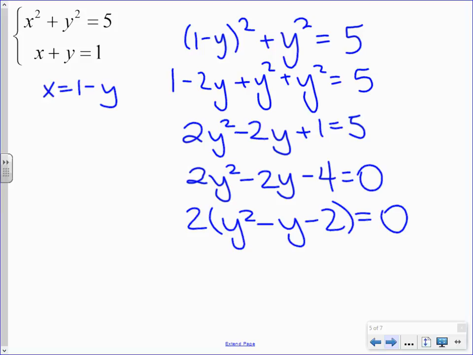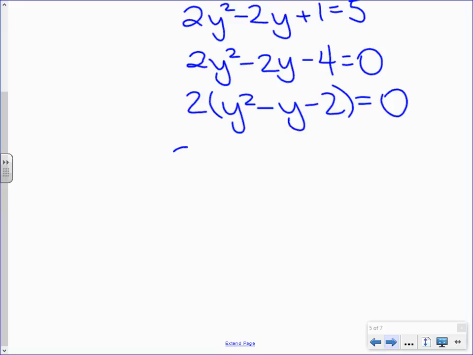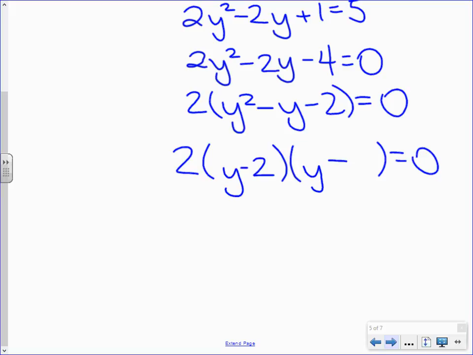What multiplies to negative 2 but adds to negative 1? So our y values are 2 and 1. This makes sense. We have a circle and a line, so it's possible for us to have two different points here.